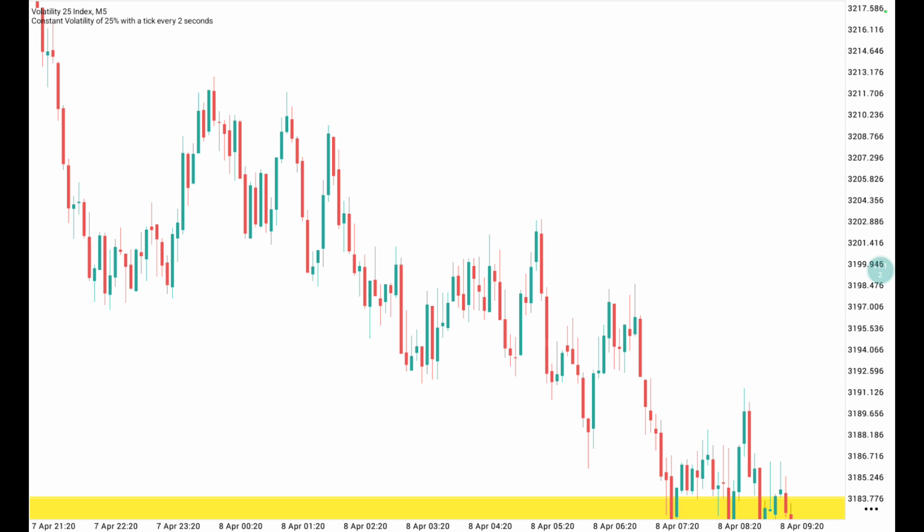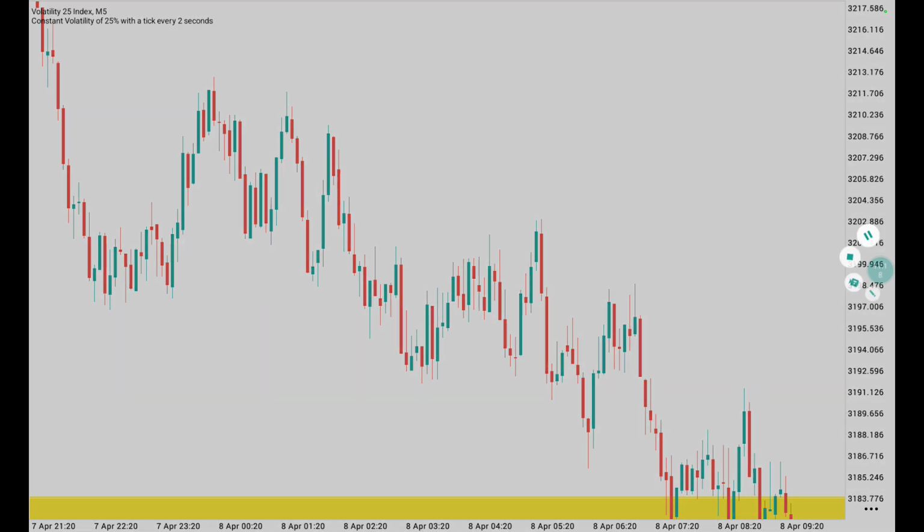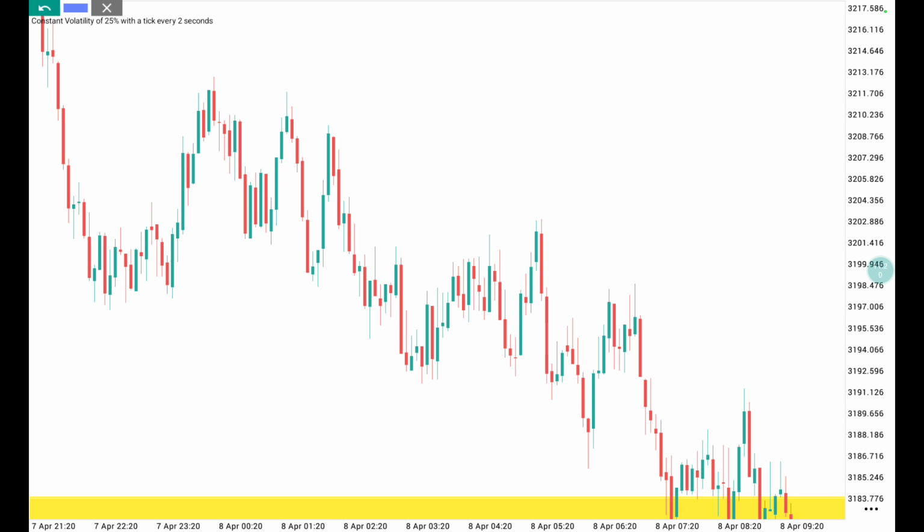That is what we call a break of market structure. Liquidity is resting above all these old highs and below all these old lows.